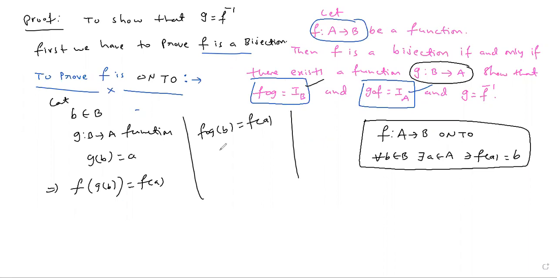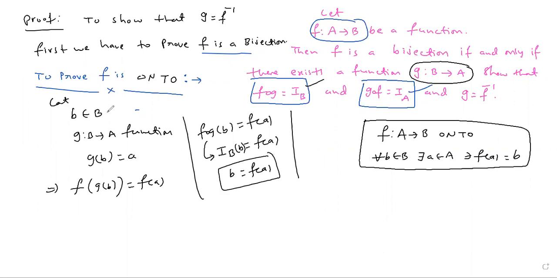Given as IB. In place of F circle G, just write IB. IB of b is F of a. IB again is an identity, so IB of b is b itself. So b is equal to F of a.